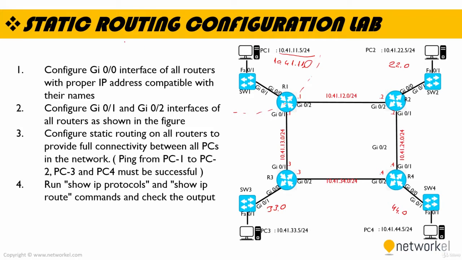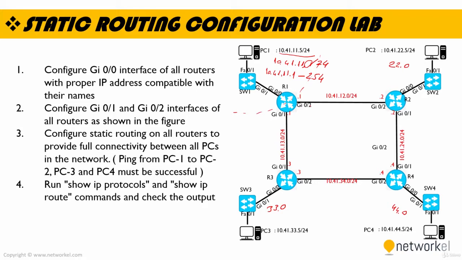So what does that mean? If I have a network ID of 11.0/24, that means I can use the IP range 1 through 254 for this network, right?